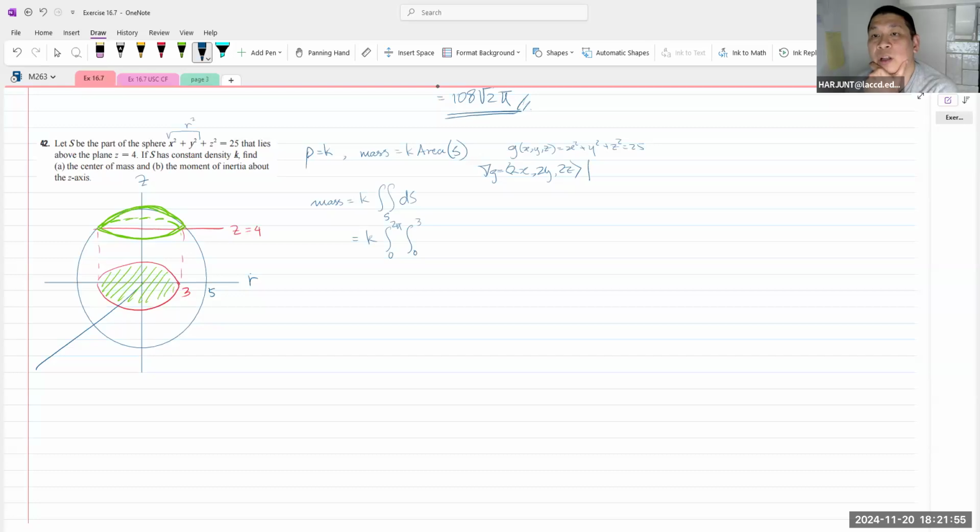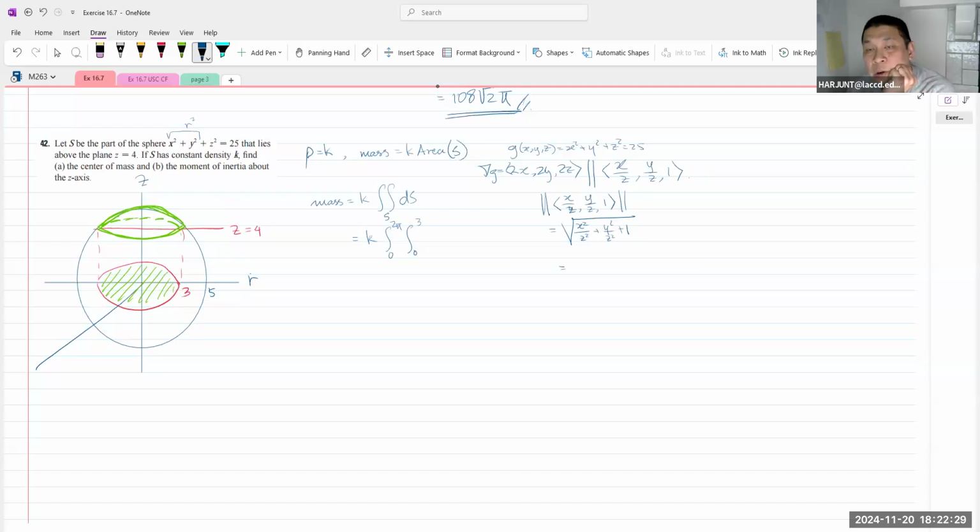And we want to make the z component to be 1. So I divide by 2z, I get x over z, y over z, 1. Now what is the length there? The magnitude of that will be the square root of x squared over z squared plus y squared over z squared plus 1.